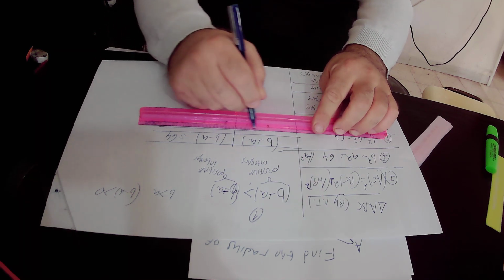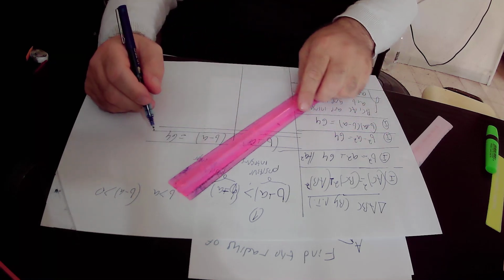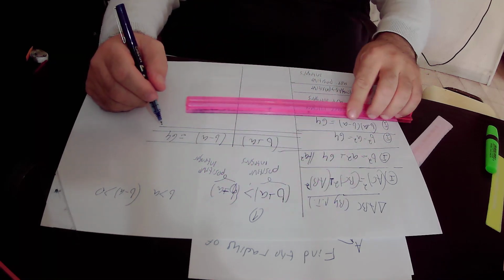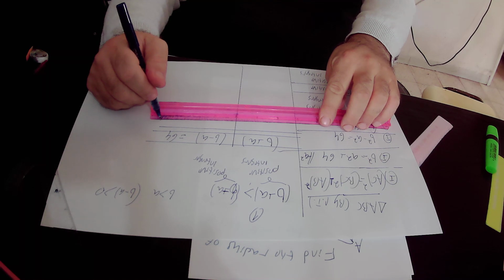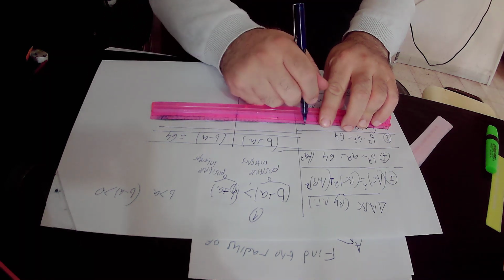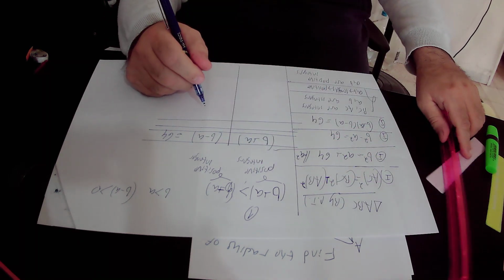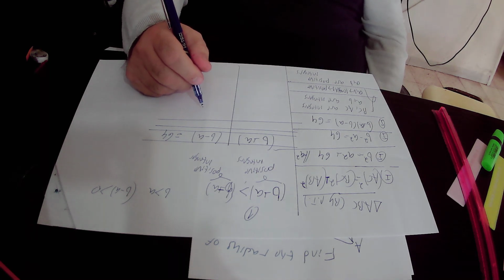So which two positive integers give us 64 when multiplied by each other? There are not a lot of possibilities here.